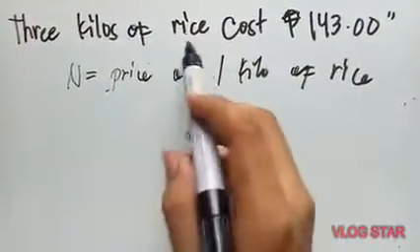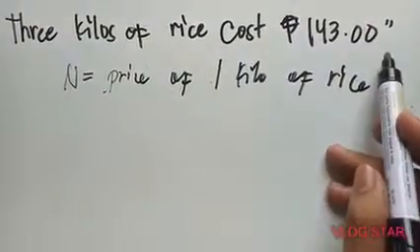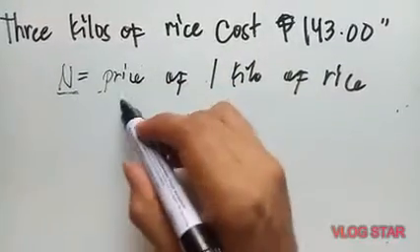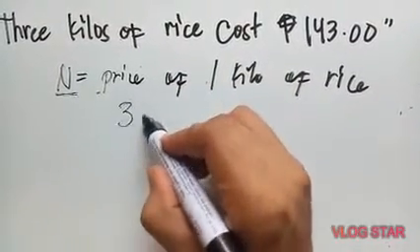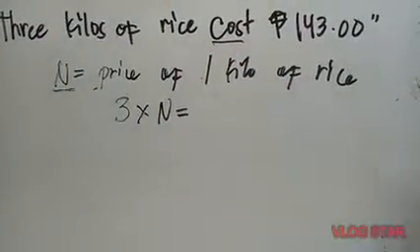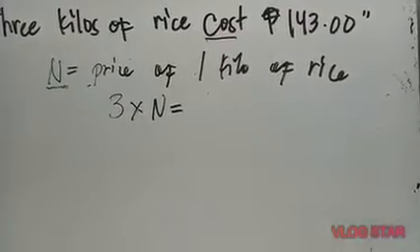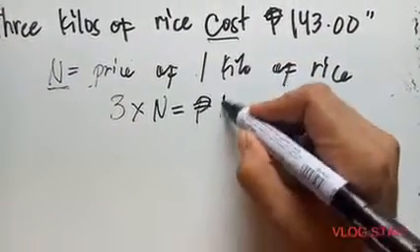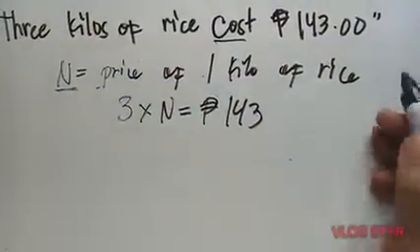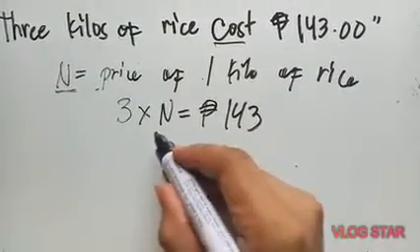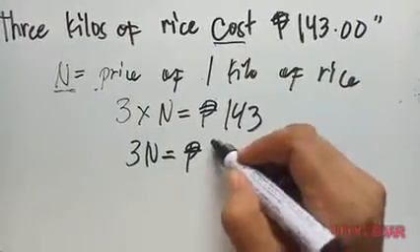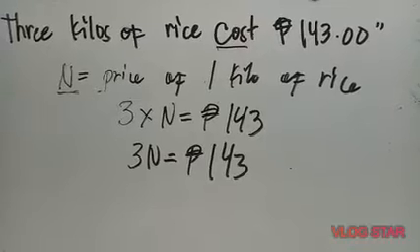Since in the given word sentence 3 kilos of rice cost 143, we multiply n by 3. So 3 times n costs 143. It means that 3 kilos of rice is equal to 143 pesos. This is how you write this word sentence into an algebraic equation: 3 times n is equal to 143, or 3n is equal to 143 pesos.